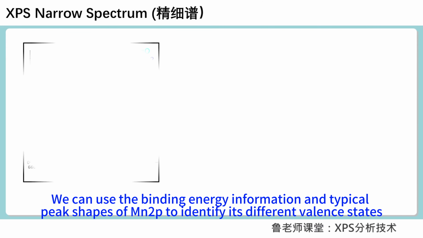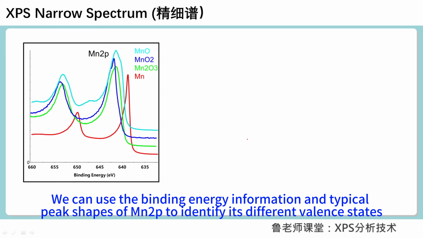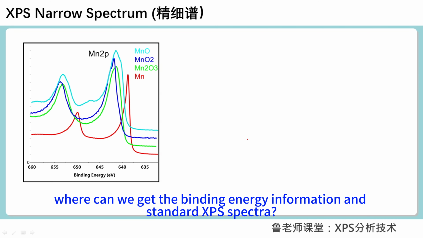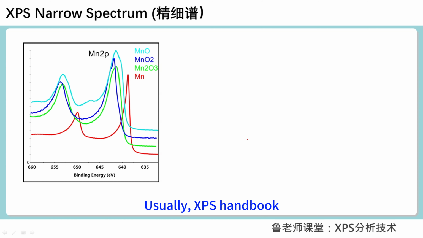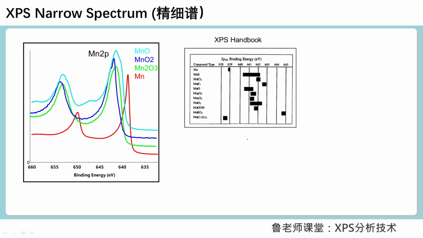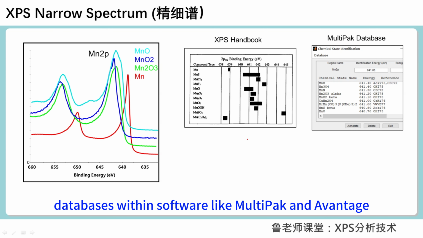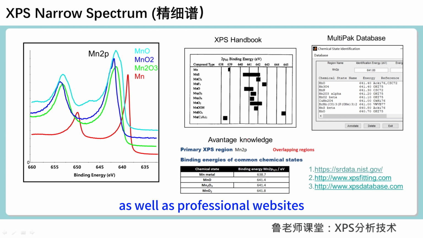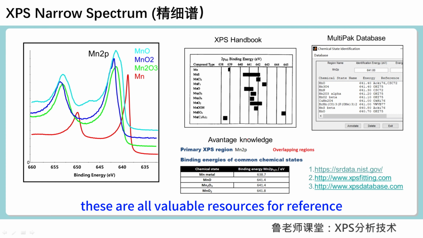We can use the binding energy information and typical peak shape to identify its different chemical states. So, where can we get binding energy information and standard XPS spectra? Usually from the XPS handbook, databases from software like MultiPak and Avantage, as well as professional websites. These are all valuable resources for reference.